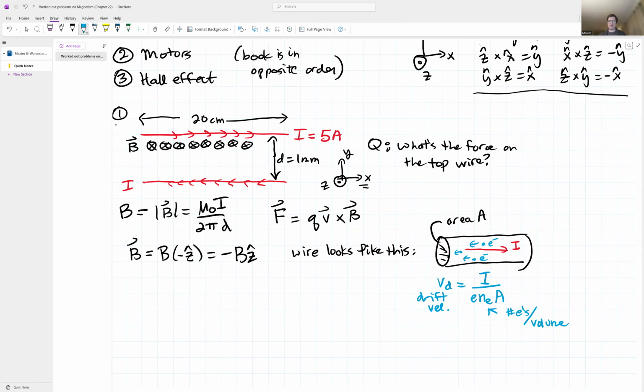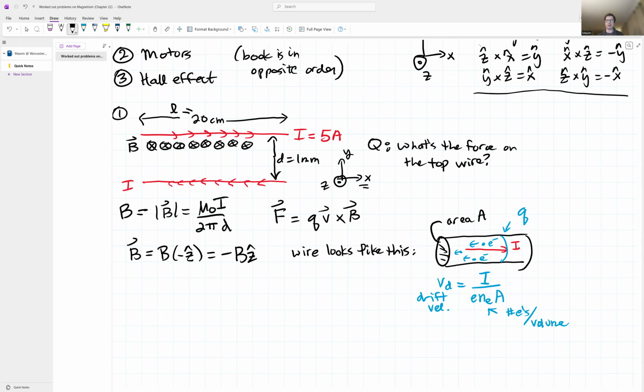So that's one thing. And now we need the amount of charge that's actually in there. So the amount of charge, Q, the amount of charge in the wire. Oh, and before I go there, I should call this 20 centimeters something like L, for the length of the wire.